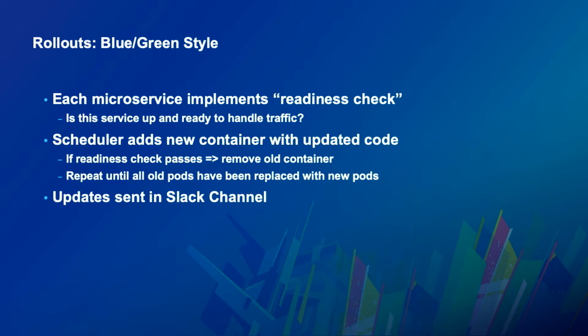Is it serving HTTP traffic? If that fails, the whole rollout will fail, and all of the old versions will automatically go back into service. So the scheduler is handling this for us. And we get updates in our Slack channel that deployment has started, deployment is completed.